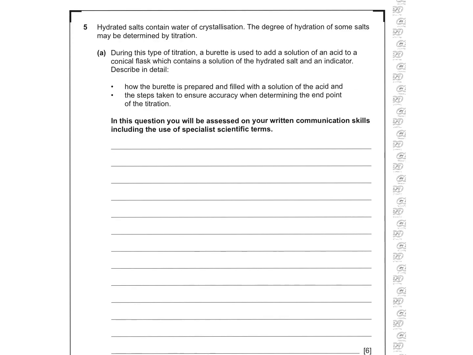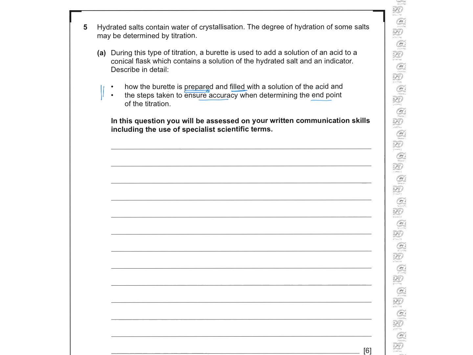Question 5, part A, is about a titration, and you can see here, looking at the bullet points, we'll have to describe in detail how the burette is prepared and filled with a solution of the acid. And then we have to describe how steps are taken to ensure accuracy when determining the end point.